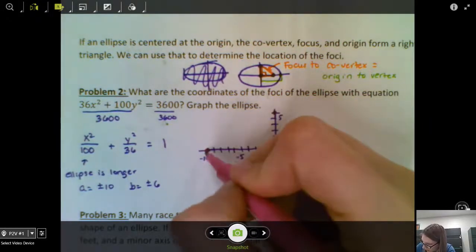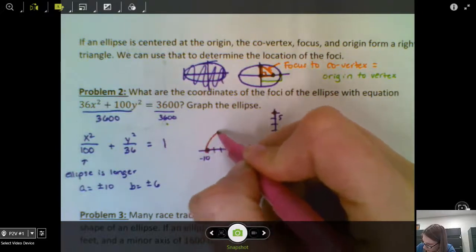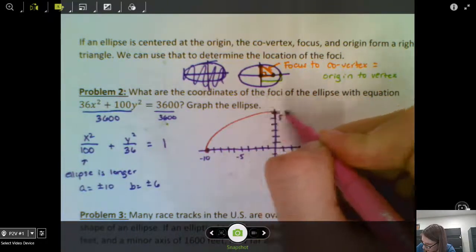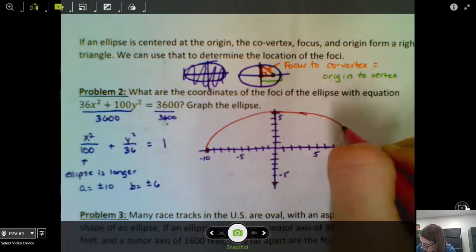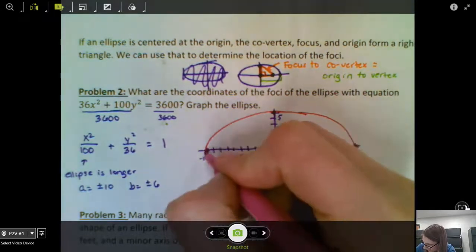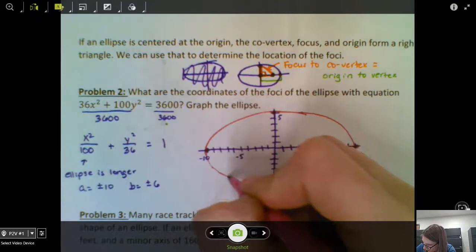And then do the best you can to connect those. That's definitely not going to be perfect, and that's okay.